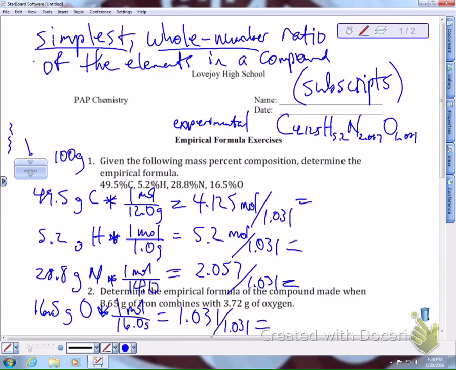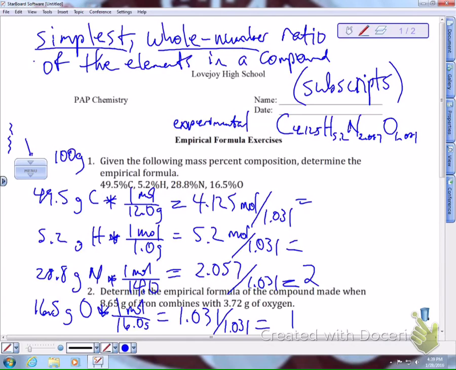Alright, so we do this math here. We're going to get 1, obviously, at the bottom. And then for nitrogen, I'll just work my way up from the bottom since I'm already down there. Divided by 1.031, the nitrogen comes out to be 1.995. That is extremely close to 2. And so here it's okay to round to the whole number. But you have to be really close, like 1.9 something or even 2.0 you can round.